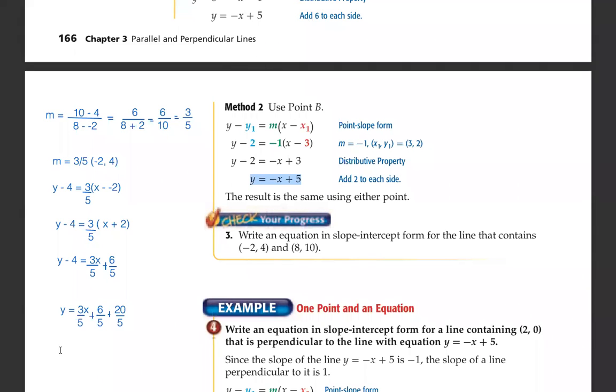So the final answer is y equals 3x over 5 plus 26 over 5.